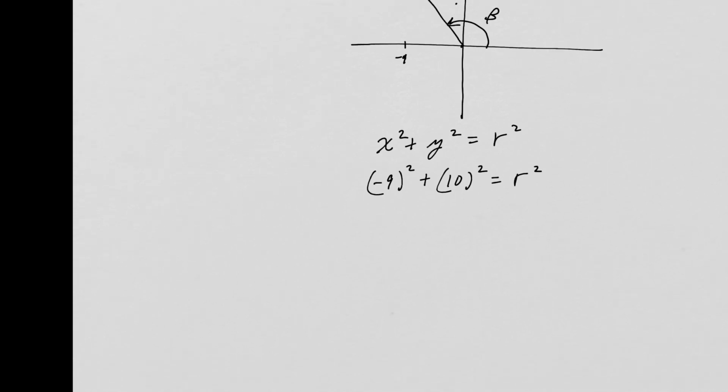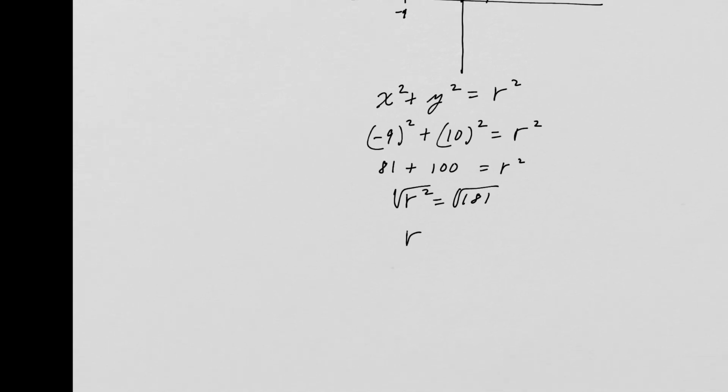So this is 81 plus 100 is equal to r squared. So r squared is 181. And if I take the square root, that'll give me r. If you want an exact value, it's just the square root of 181. If you want an approximate value, if you plug it into a calculator, it's around 13.45.